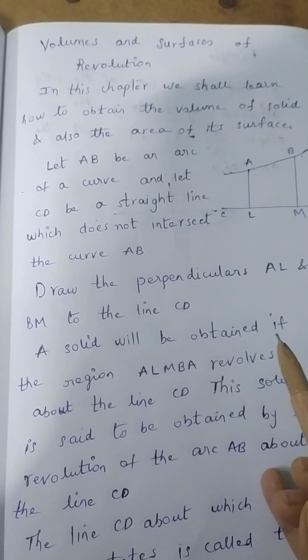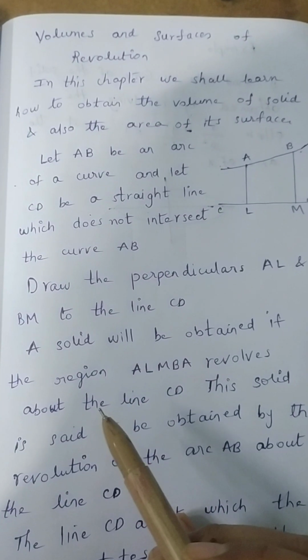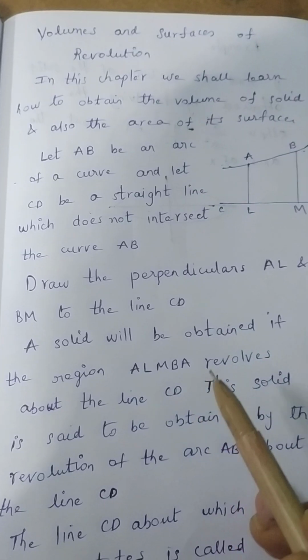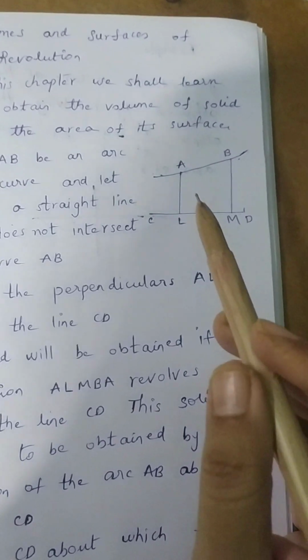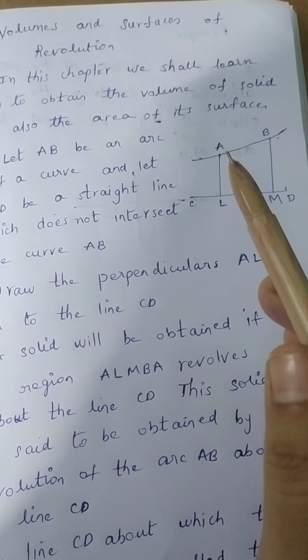A solid will be obtained if the region ALMBA revolves about the line CD. Now what is the solid obtained here?